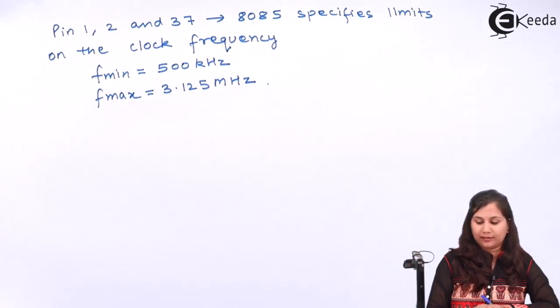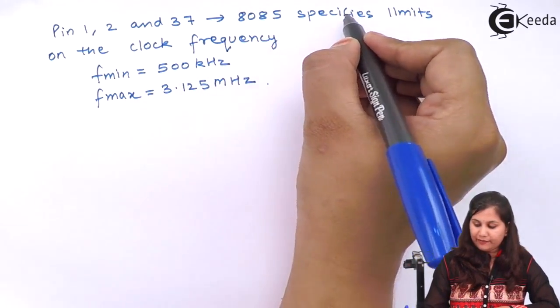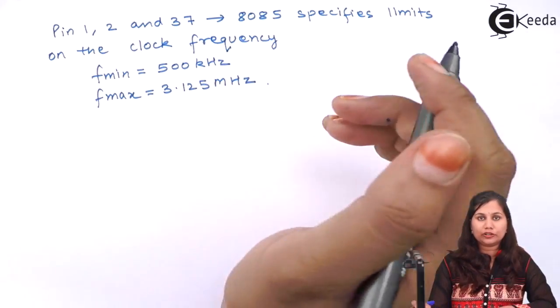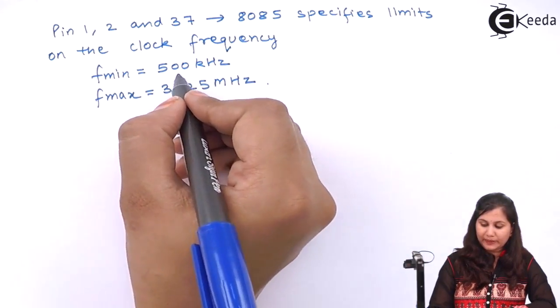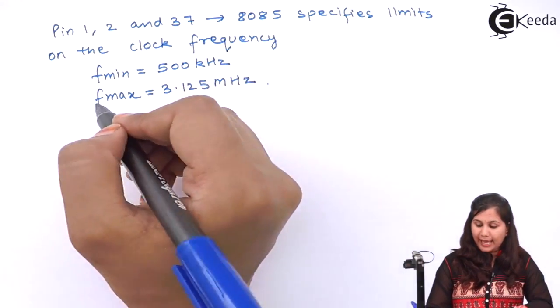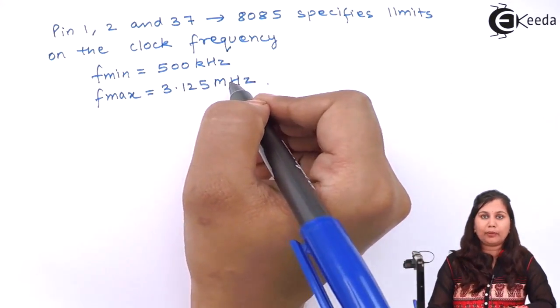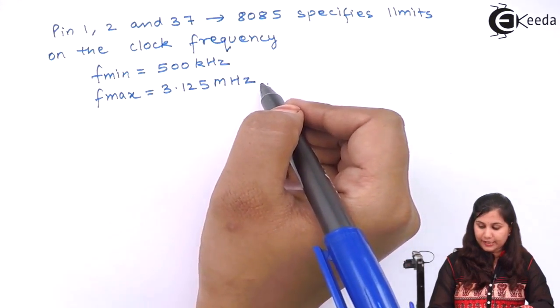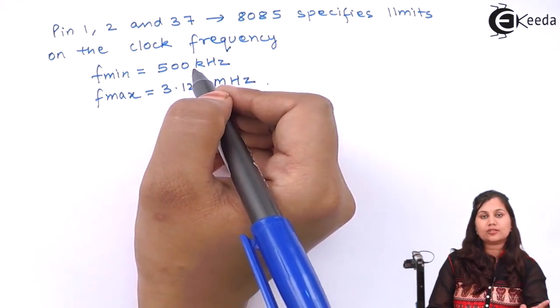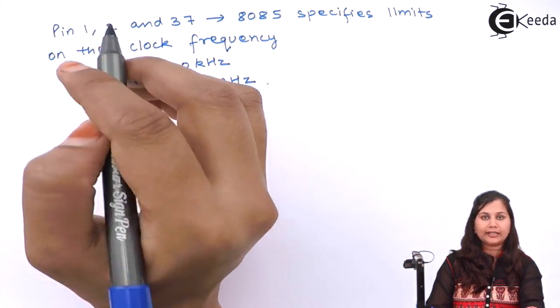The 8085 specifies limits on the clock frequency. The minimum frequency is 500 kilohertz and the maximum frequency is 3.125 megahertz. Now let's see the connections of the crystal at pin 1 and 2.